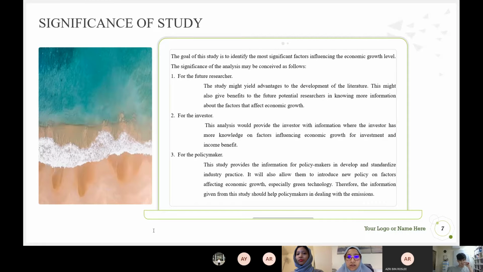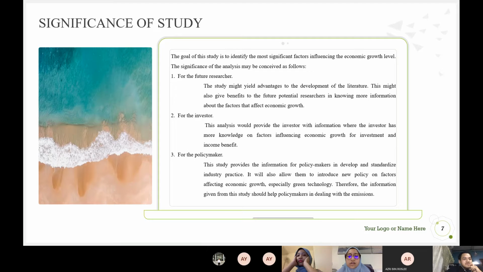For the future researcher, the study might yield advantage to the development of the literature. This might also give benefits to the future potential researcher in knowing more information about the factors that affect economic growth.